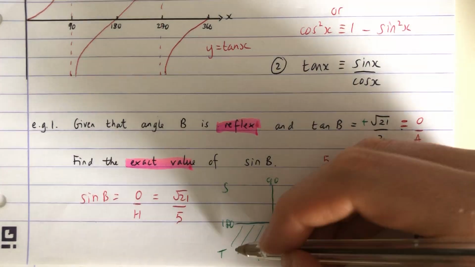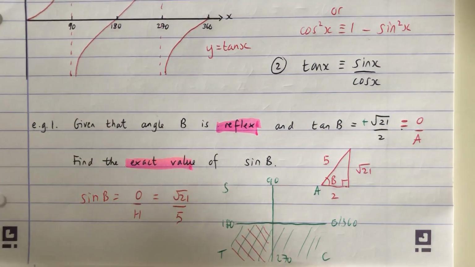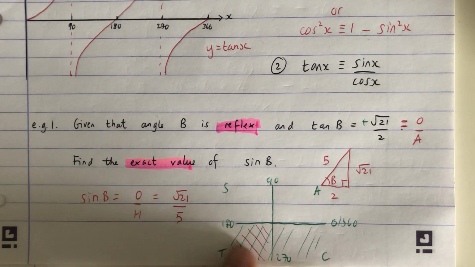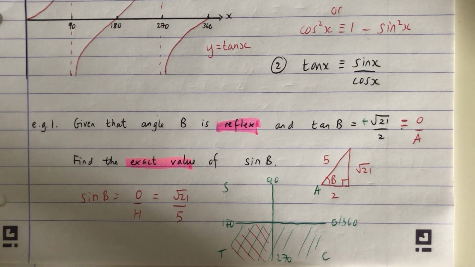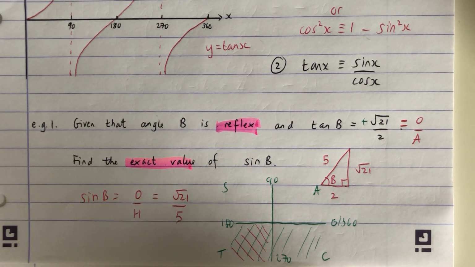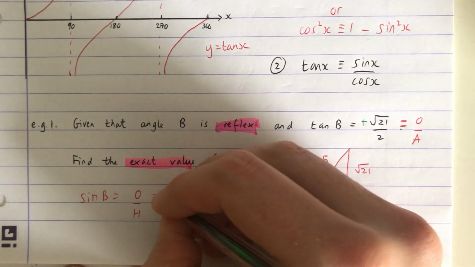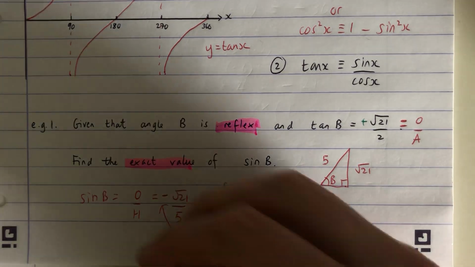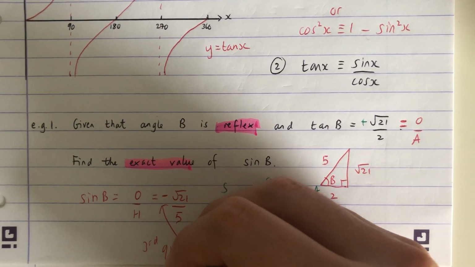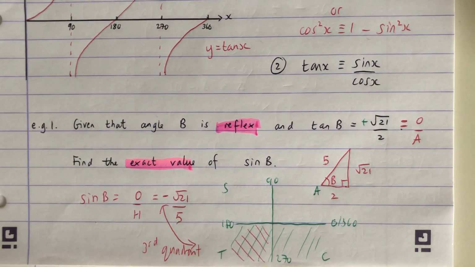It's only positive in this quadrant. So the quadrant which this angle belongs to is 180 to 270. And in that quadrant, sine is negative. So the exact value of sine B would be a negative root 21 over 5, because it's in the third quadrant. And that would be it for that one.